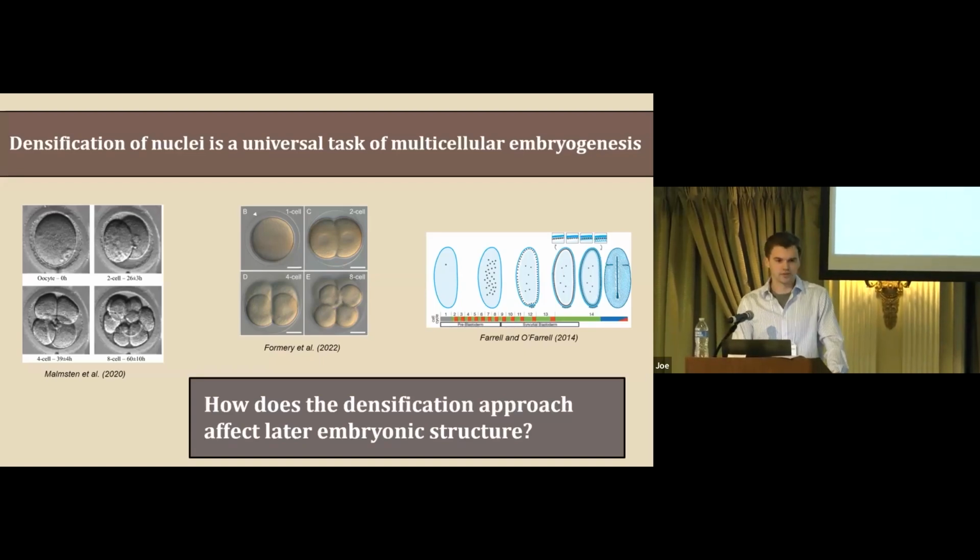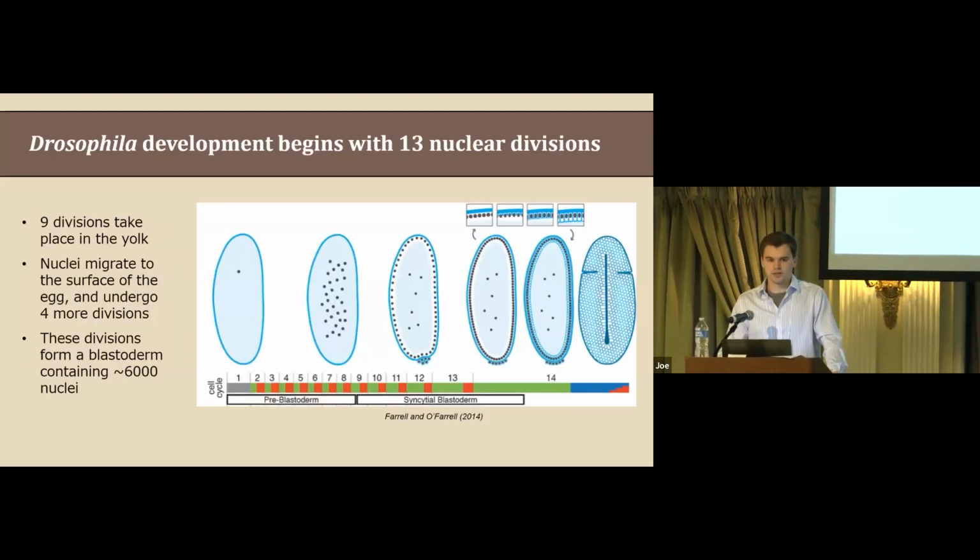And so different model organisms have different extents to which you can study this problem. We're looking here at Drosophila, which is a really exciting and very tractable system to be able to investigate these early nuclear divisions in development.